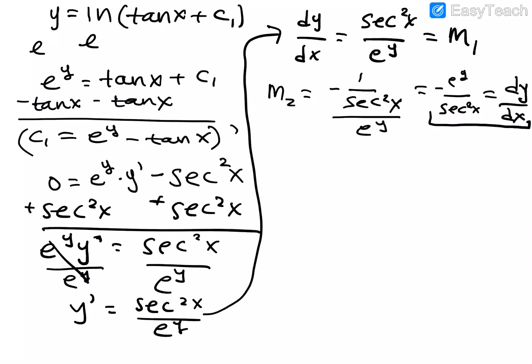So our fourth step said that it was going to become a separable equation, and we'll integrate. So we'll go ahead and integrate that. We had dy/dx equals the negative e to the y over secant squared x.